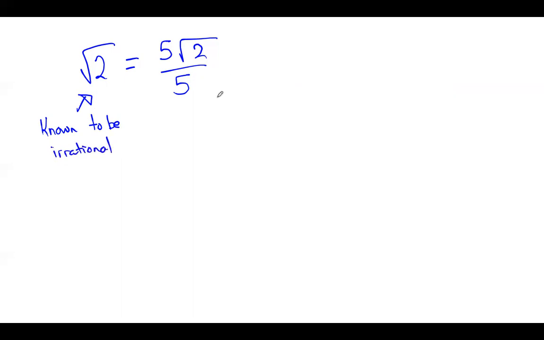But we're trying to prove that 5 times the square root of 2 is irrational. So we're supposing that if this were rational, what happens? And we know the bottom here, the denominator, is an integer, so it's also a rational number.